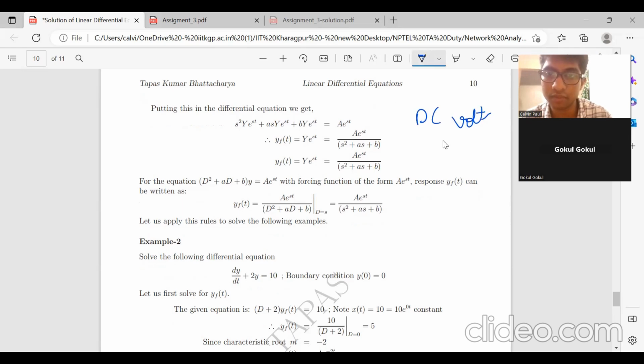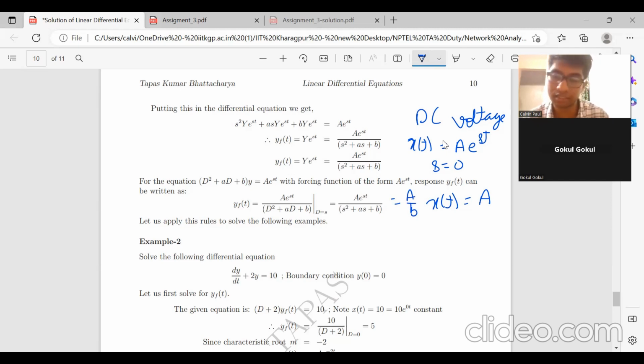The x of t, which is written over here as a into e to the power st, means s equal to 0, so x of t is equal to a. When s equal to 0, we get a into e to the power st divided by s square plus as plus b. We substitute s equal to 0 and we get it to be equal to a upon b.